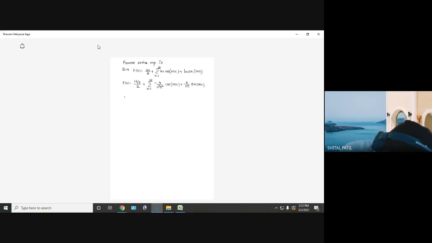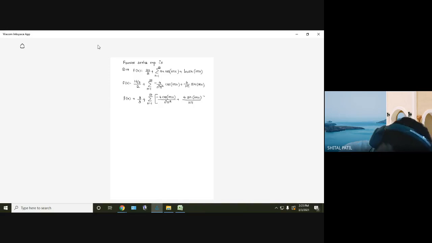That is f of x, where f of x is 4 minus x square. You remember that. So 16 by 3, this 2 will cancel, 8 by 3 plus n equal to 1 to infinity minus 4 cos of n pi x divided by n square pi square plus 4 sin of n pi x divided by n pi.